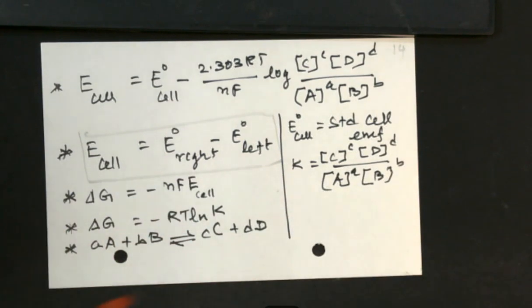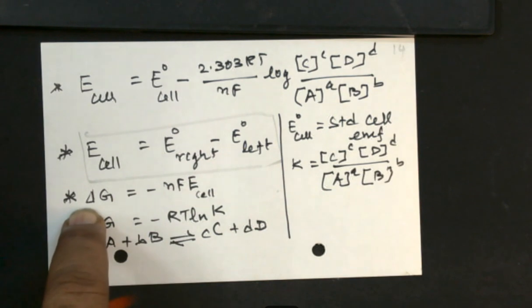For example, I was talking about chemical reactions being converted into electrical energy, and electrical energy being converted into chemical energy. Chemical energy is represented by the thermodynamic equation, that is, free energy. Minus delta G means the natural or spontaneous chemical reaction.